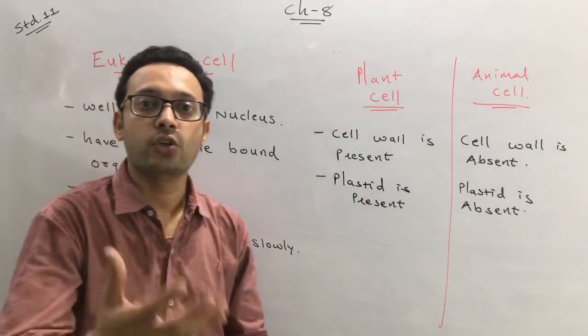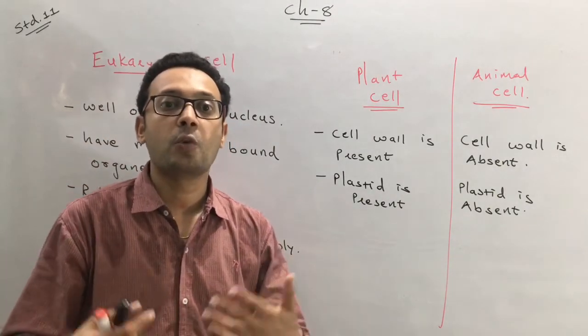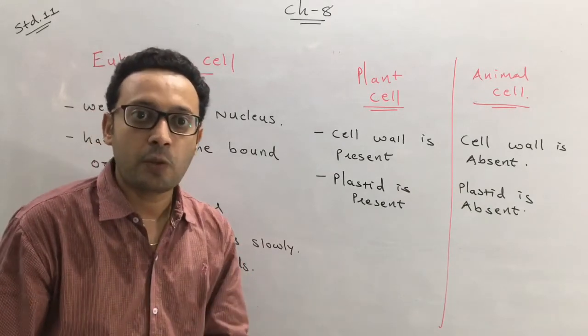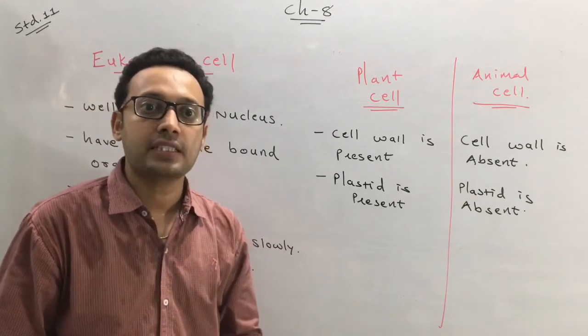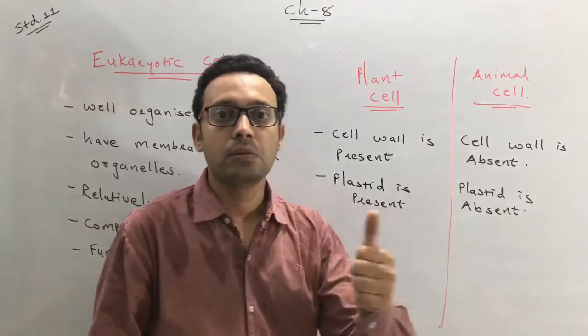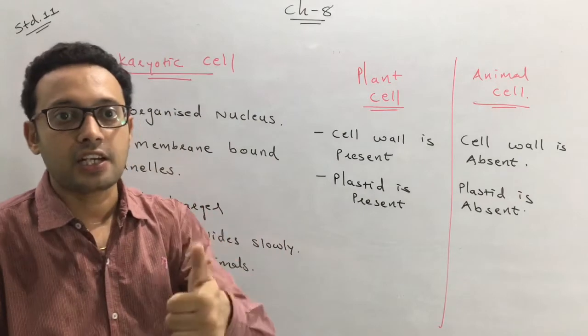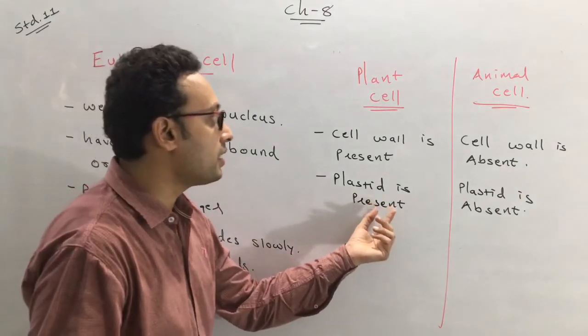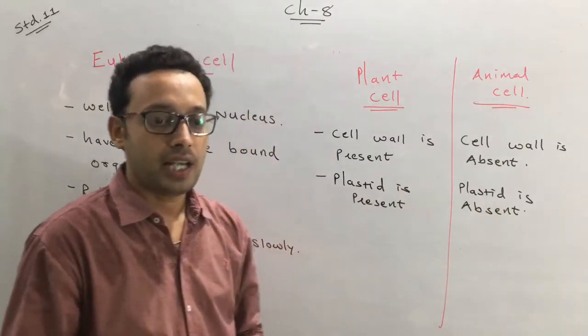Let me give you one example of a plastid: chloroplast. Chloroplast is an example of a plastid. So chloroplast can be found in a plant cell, but can you find chloroplast in an animal cell? No. The chloroplast cannot be found in an animal cell. So plastids are present in plant cell, they are absent in animal cell.